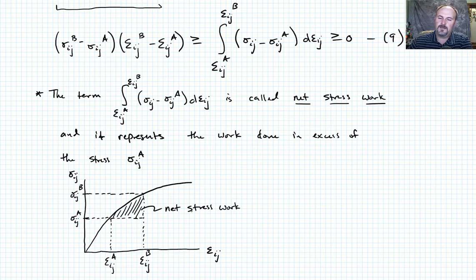All right. So what does equation 9 tell us? It says that the net stress work is always greater than or equal to 0. We have a more formal way to say that.